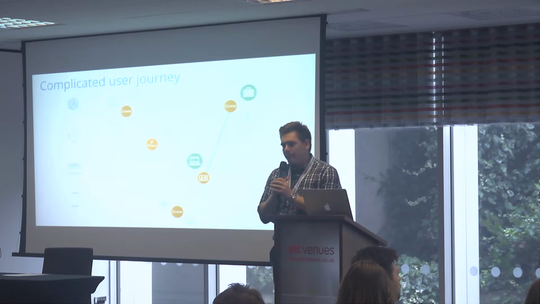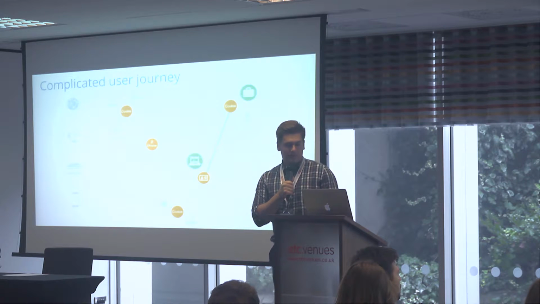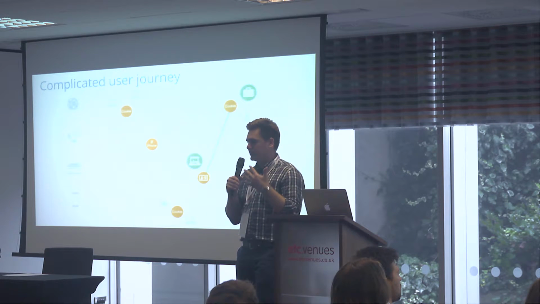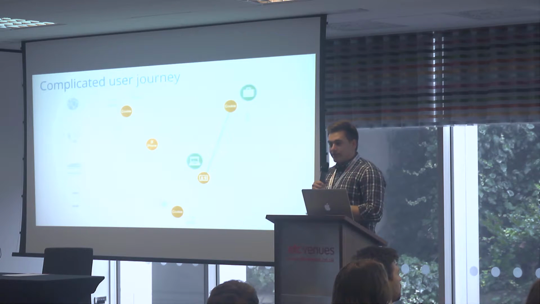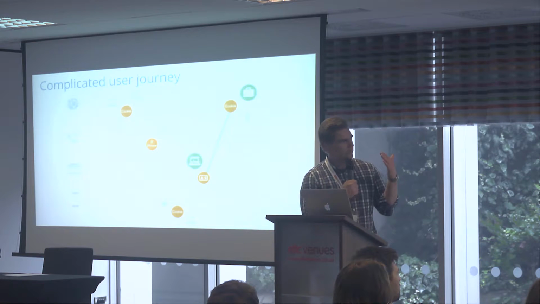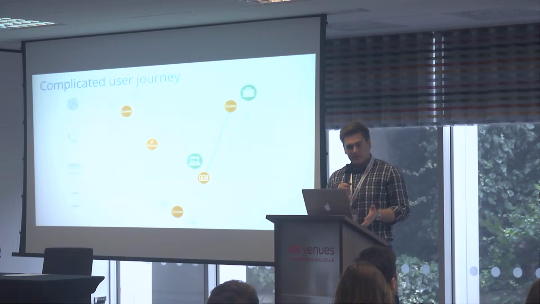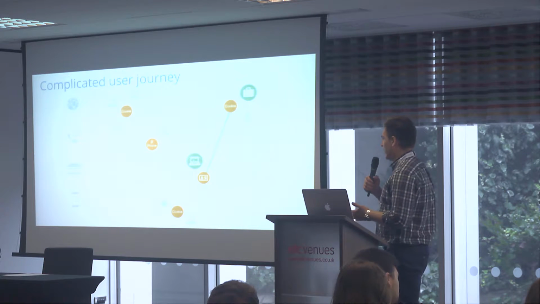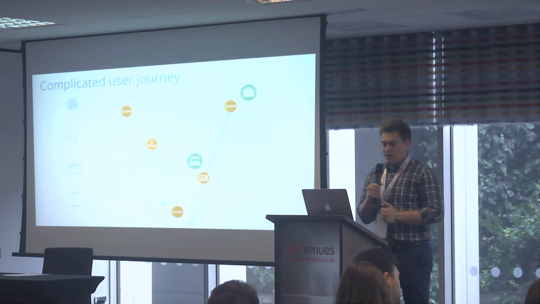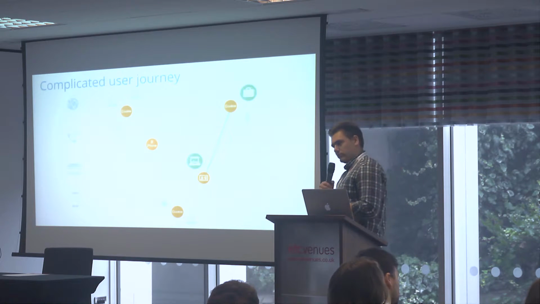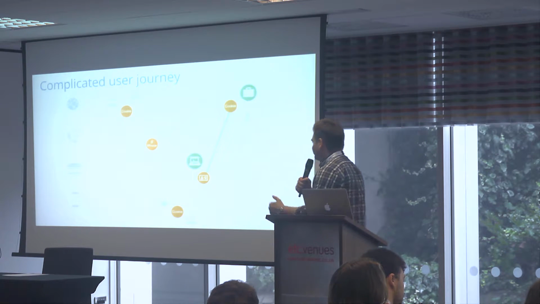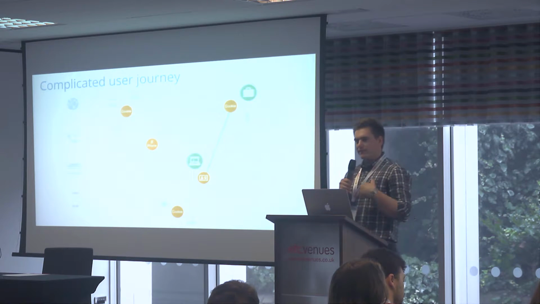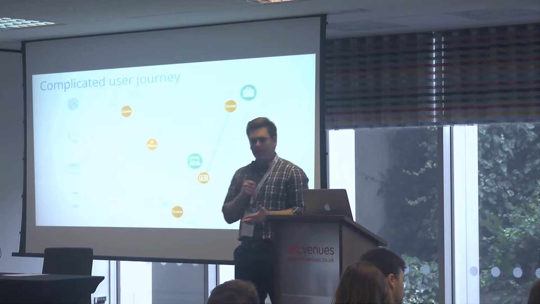And the user journey becomes more and more complicated every year. It is not just that I went to browse, looked for a product, Googled it and bought it. First, I can use several devices. I can phone to get a consultation about the service that I'm interested in. I can then go to a physical store to get another consultation. Then I can purchase from my smartphone, and then I can get some recommendations and buy another one.